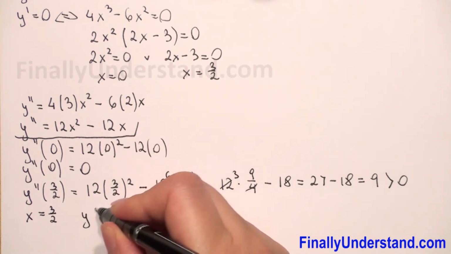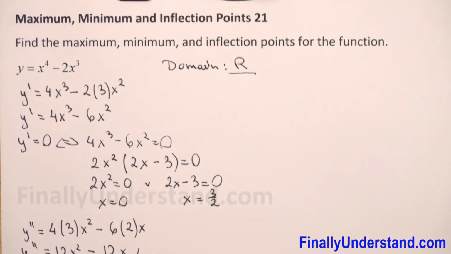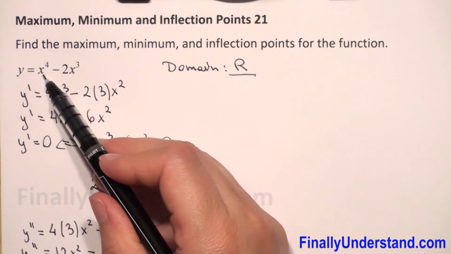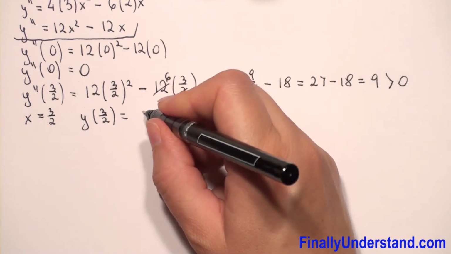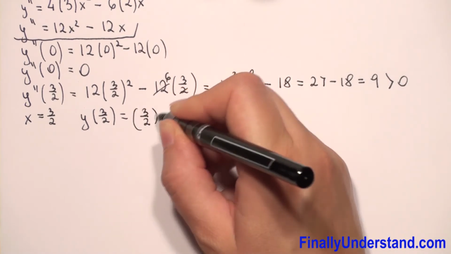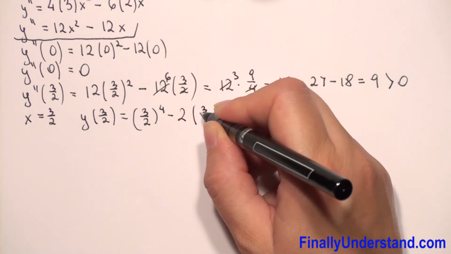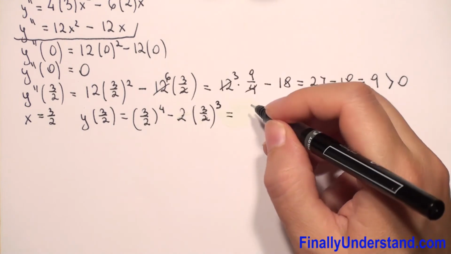So y of 3 over 2 will be equal to, we replace x by 3 over 2 in our y function. So we have 3 over 2 to the 4th power minus 2 times 3 over 2 to the 3rd power.